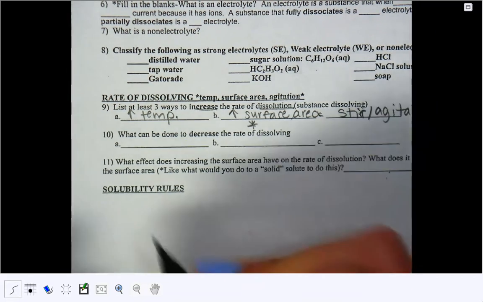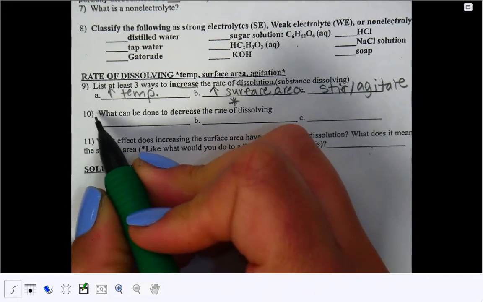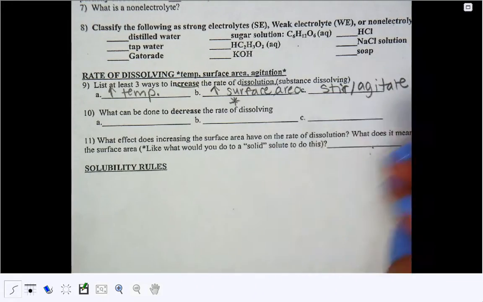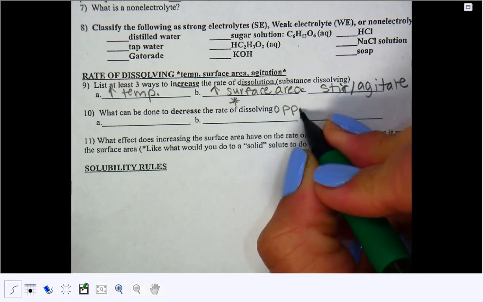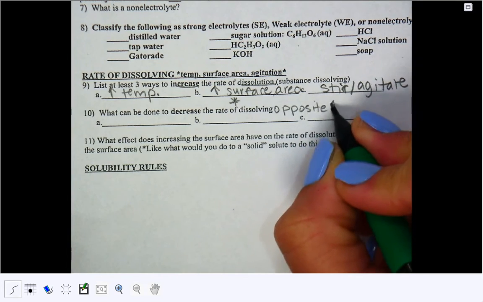Okay? I don't think we need to go over number 10. You just need to know that these are opposites. Opposite of above, right?